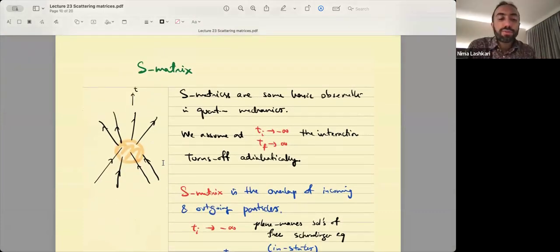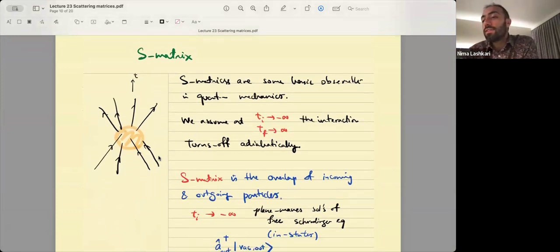So our goal today is to start building towards the S matrices, scattering matrices. A little bit of reminder, I don't recall if we had this discussion before or not. Scattering matrices, or S matrices, are some basic observables in quantum mechanics. To define them, we make an assumption that at initial time t_i going to minus infinity and final time t_f going to infinity, the interaction turns off adiabatically.